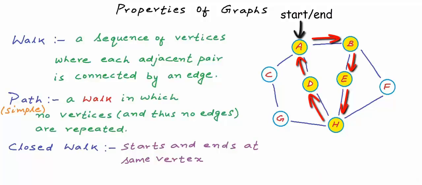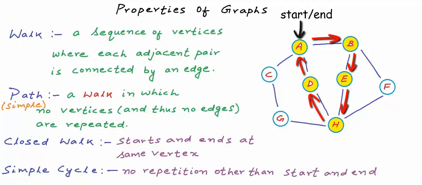Now some may call closed walk a cycle, but generally we use the term cycle for a simple cycle. A simple cycle is a closed walk in which other than start and end vertices, no other vertex or edge is repeated. Right now what I'm showing you here in this example graph is a simple cycle, or we can just say cycle.